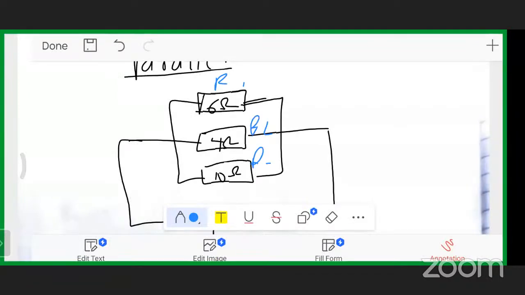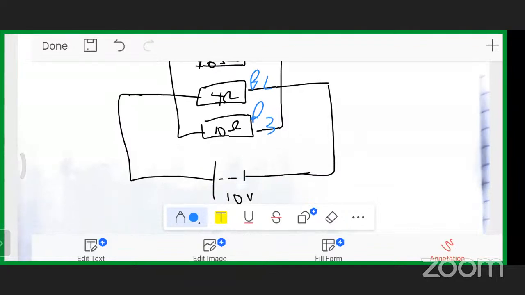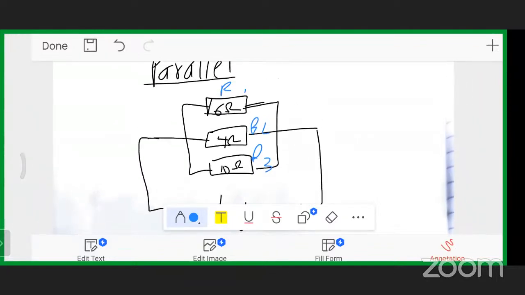They are connected in parallel, so all their heads are going together, then the tails together, then they all get to the source of the EMF, such that they are under the same potential. So this end and this end, anything within this region, have the same potential.